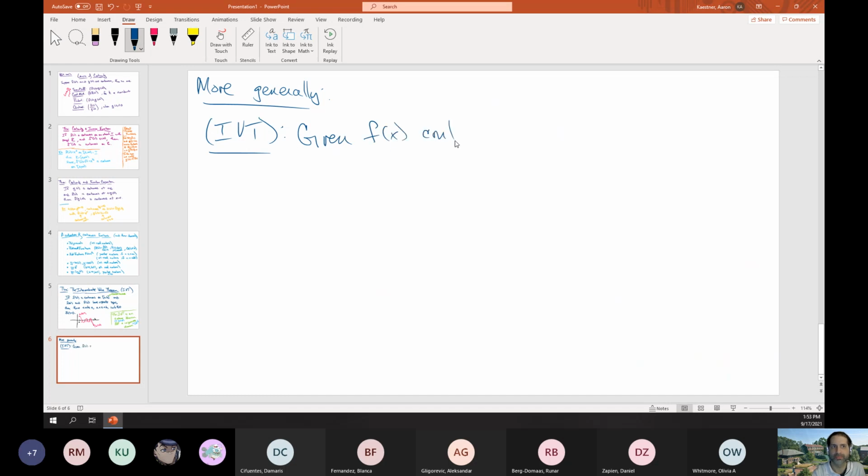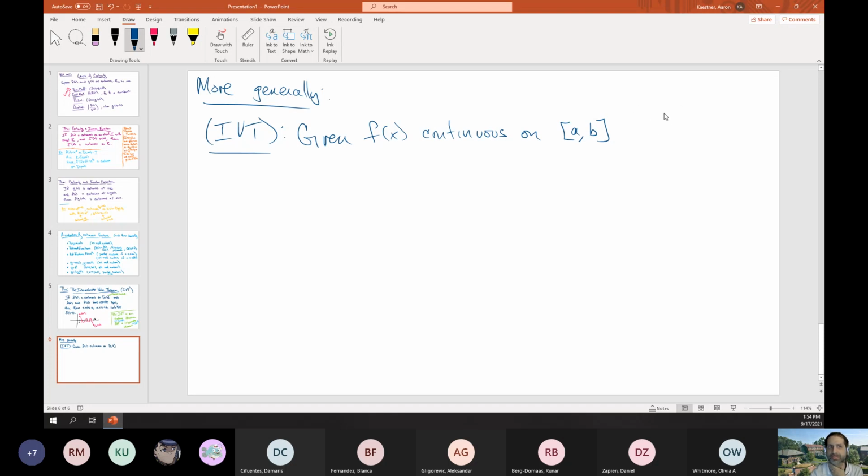f of x continuous. So we're going to be given a continuous function on a closed and bounded interval again. But this time I'm not going to worry about f of a and f of b having opposite signs.